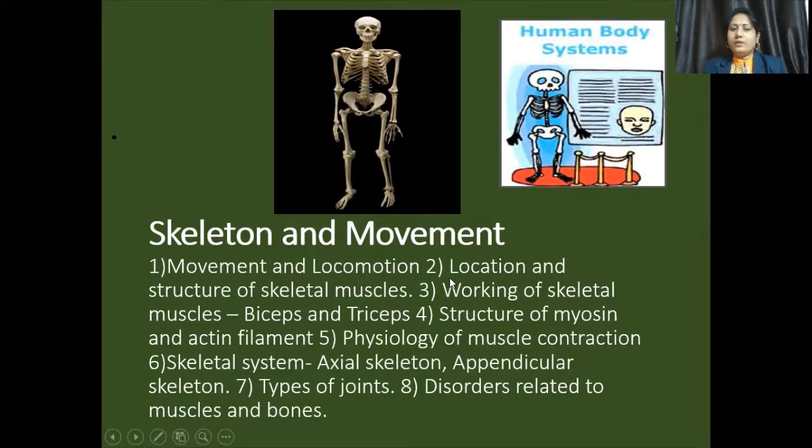Second, location and structure of skeletal muscle. Third, working of skeletal muscle, where the biceps and triceps are examples of skeletal muscle. Next, structure of myosin and actin filament. Next, physiology of muscle contraction, how the muscle contracts and relaxes.